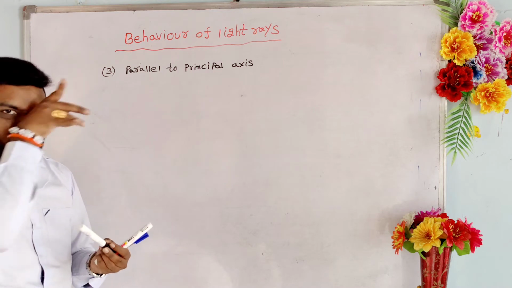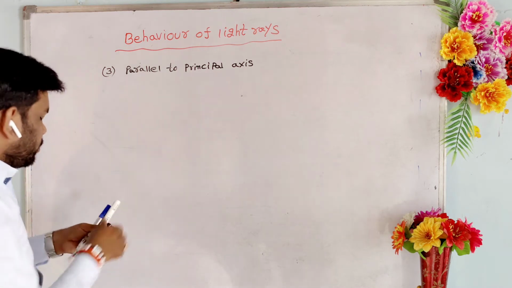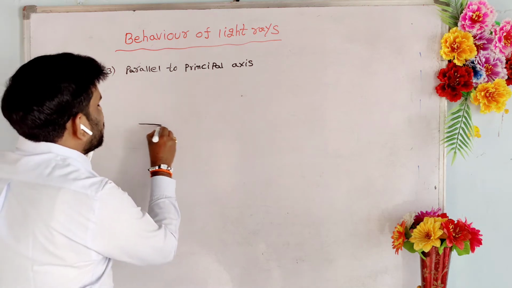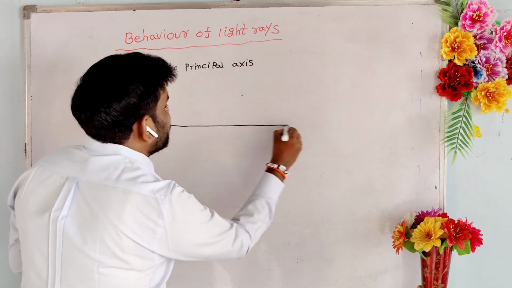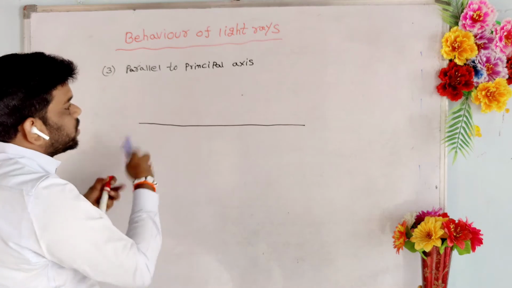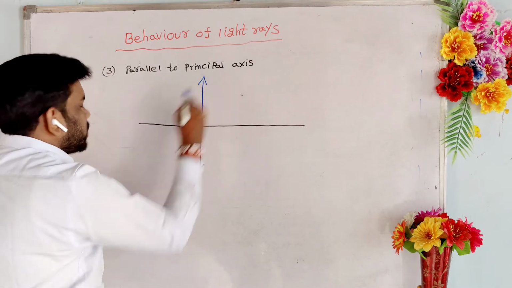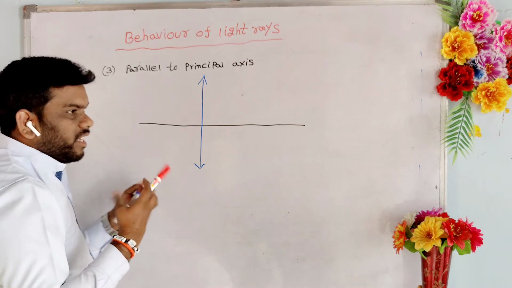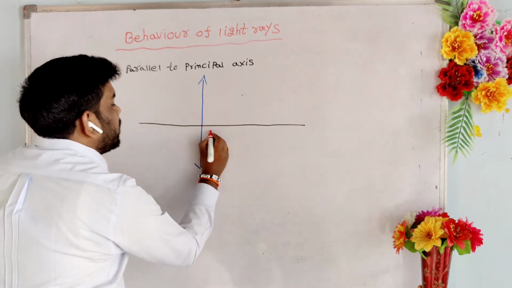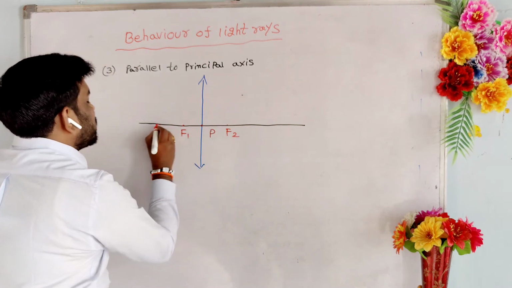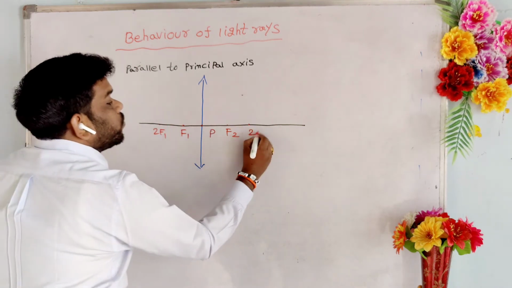This is called a convex lens. Here it is called optic center P. This is focus 1, this side focus 2. This is 2f1. This is 2f2.